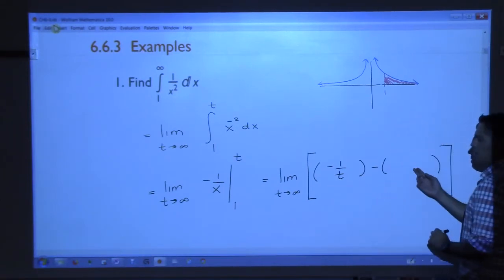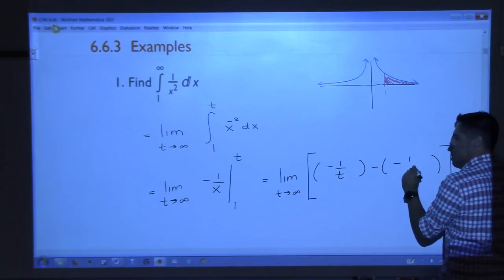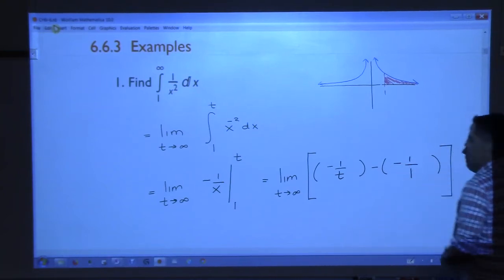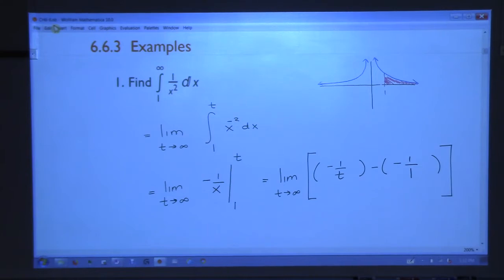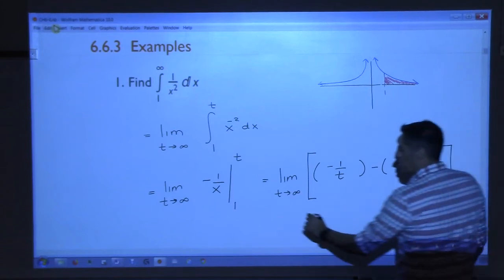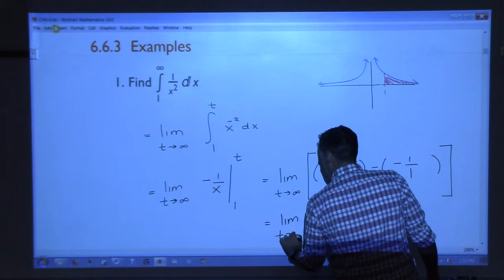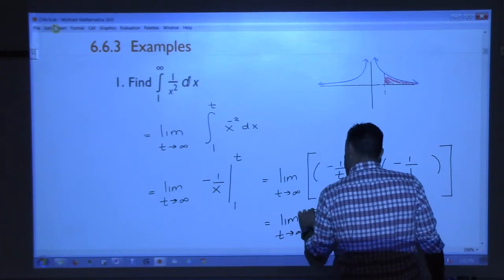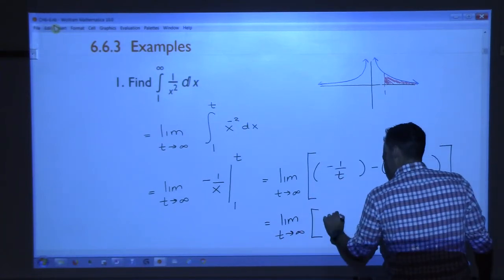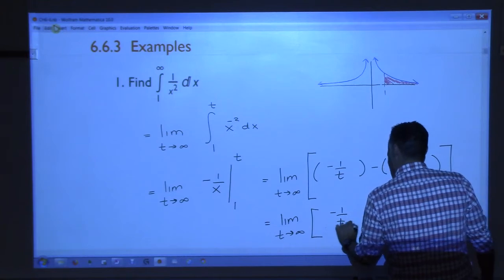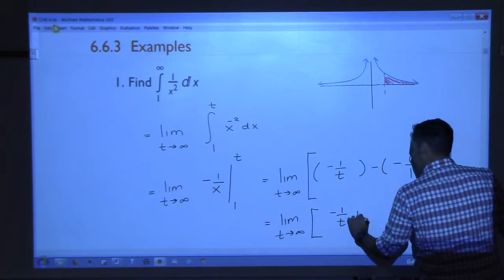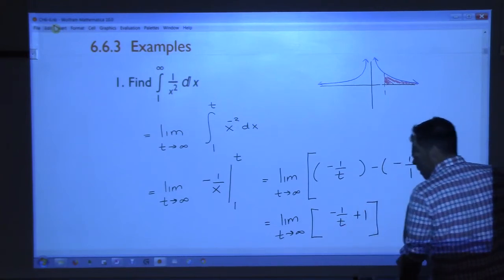And then over here, I replace the x with 1, so you get negative 1 there. So now I'm going to rewrite it one more time: limit t goes to infinity of negative 1 over t, and then minus minus is plus, so you get plus 1, like that.